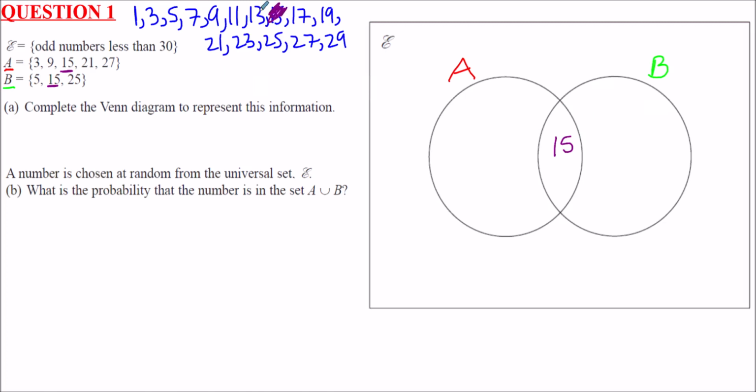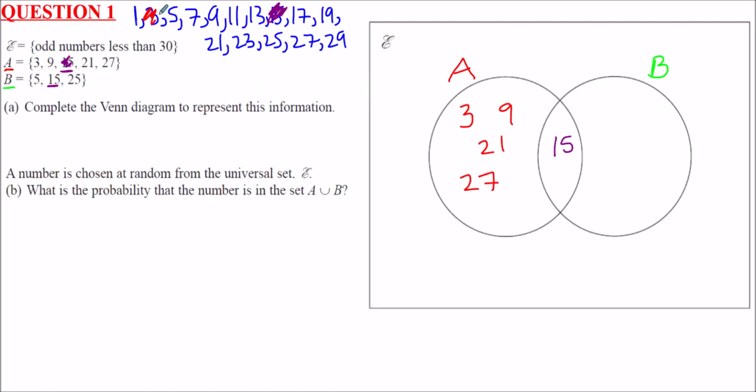Next, we can think about the other numbers which are either in A or B. The other numbers in A are 3, 9, 15, sorry, not 15, 21 and 27. We've included 15. So if I scrub out 15, in any order I need to put 3, 9, 21 and 27 here. Now I can scrub these numbers off.